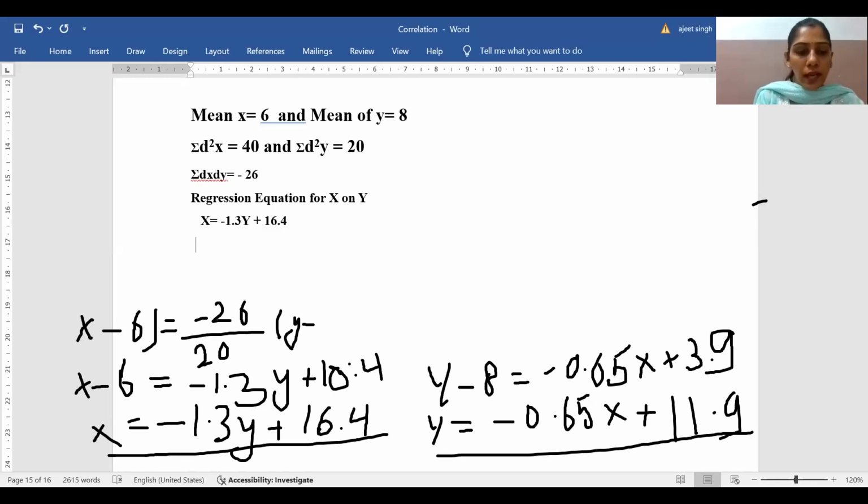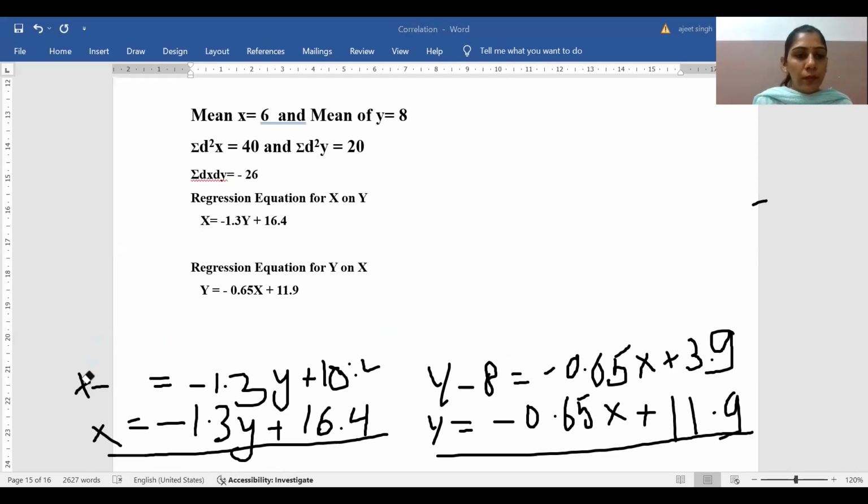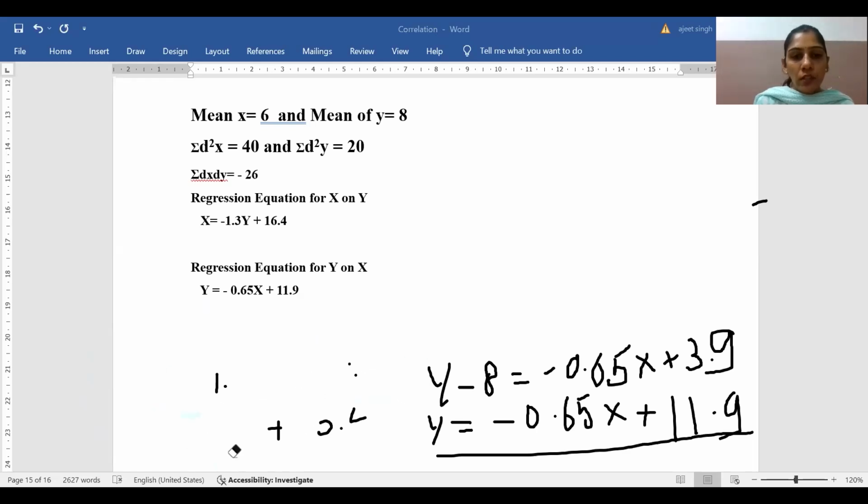Okay, and the regression equation for y on x is basically y is equal to minus 0.65x plus 11.9.